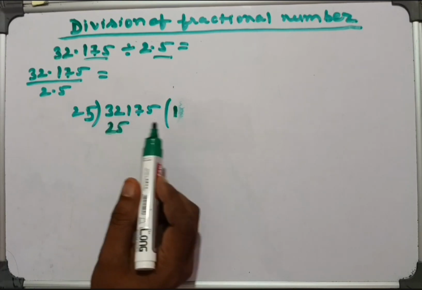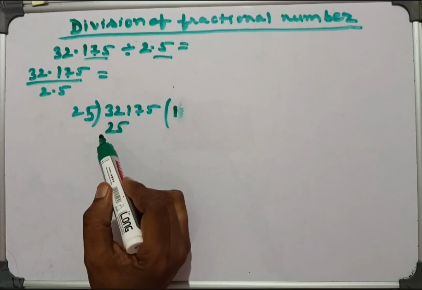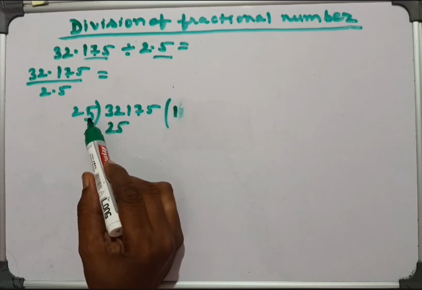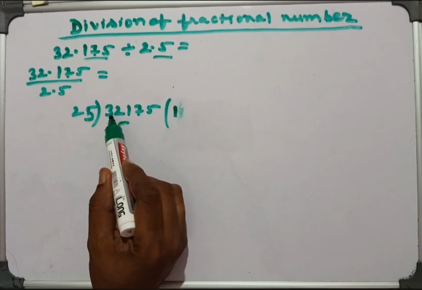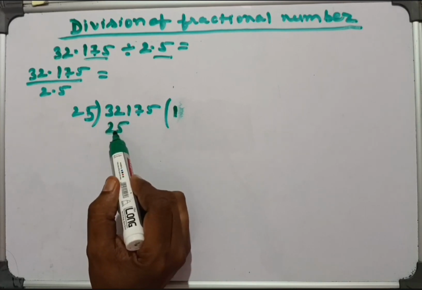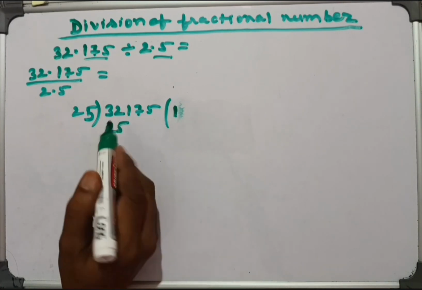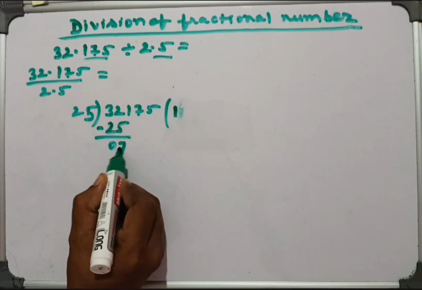If you take 2 in the quotient, then it becomes 50. 25 times 2 is 50, and it is greater than 32. So you cannot write 50 in place of 25. Subtract this one, this is equal to 07.